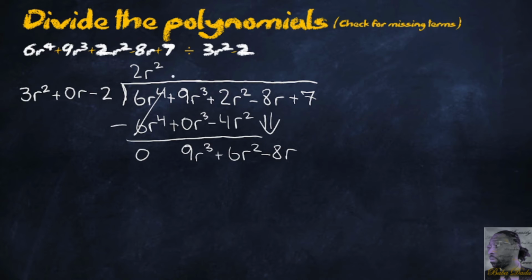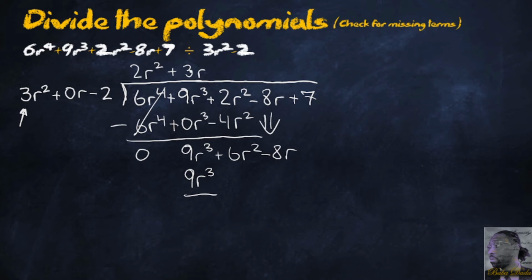Okay, so now we need to multiply this front number by a number to give us 9r cubed. That is going to be plus 3r. 3 times 3 is 9. r times r squared is r cubed.